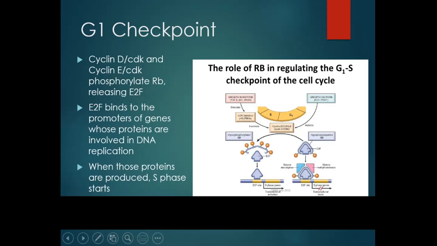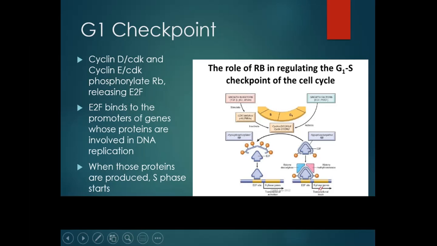When that happens, RB needs to leave E2F. It's inhibited. E2F will stay on the promoter, but now it can activate the genes that will produce proteins that will get us into S phase.